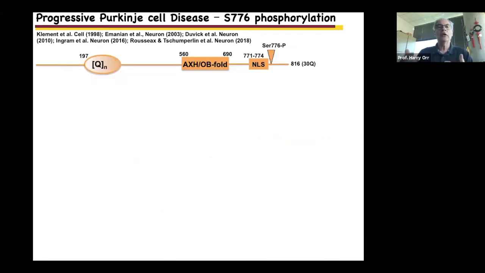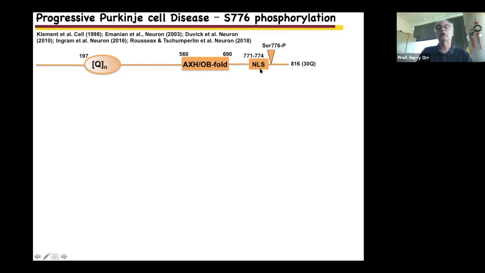Over the years, we used this strategy to molecularly dissect the regions of the ataxin-1 protein that are important for pathogenesis in Purkinje cells. In addition to the expanded glutamine tract, the AXH region, which forms an OB fold, interacts with many nuclear proteins, most notably Capicua, and this interaction is important for driving pathogenesis.